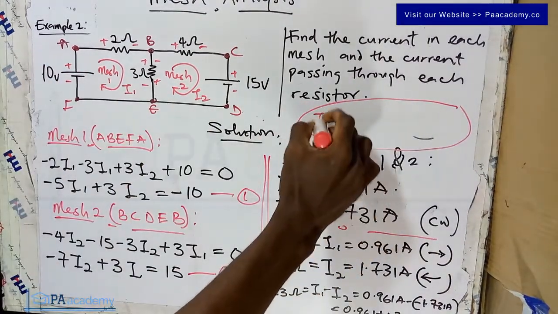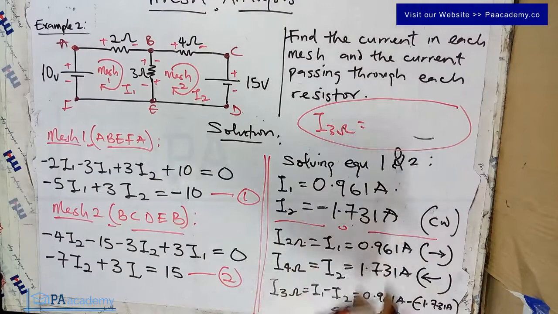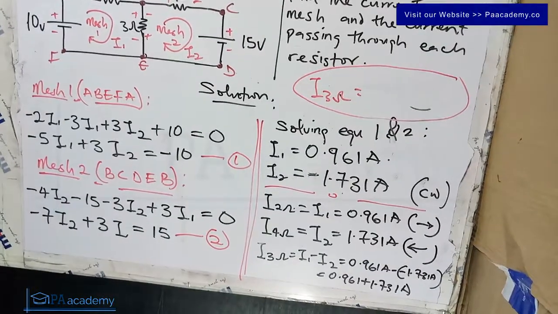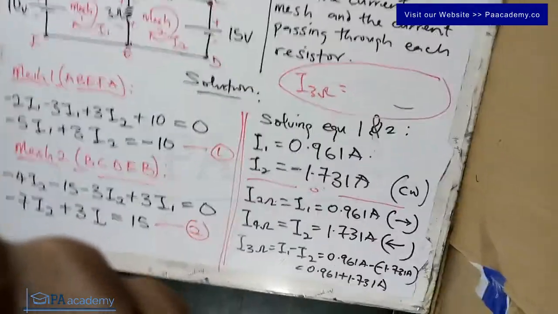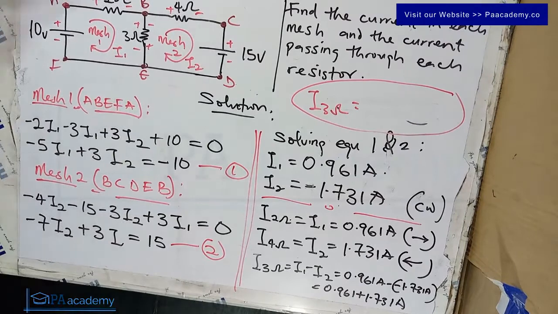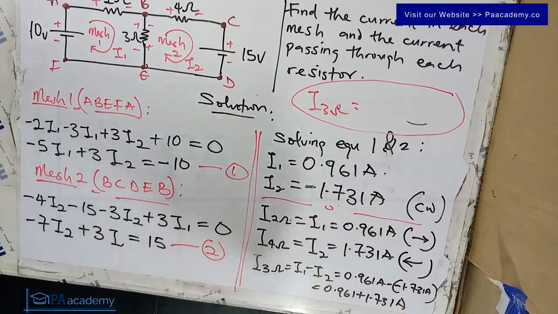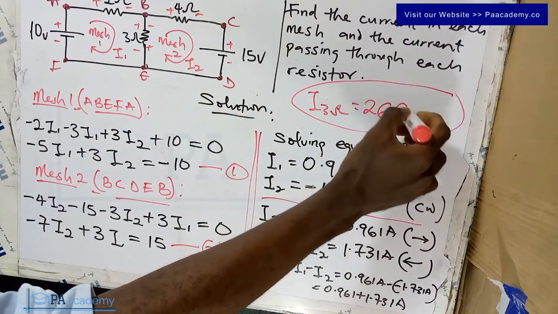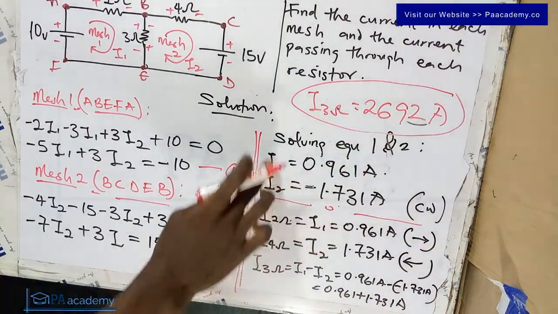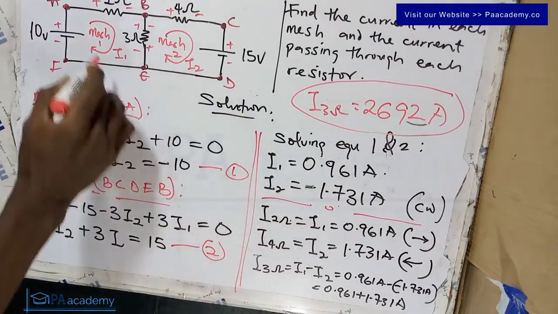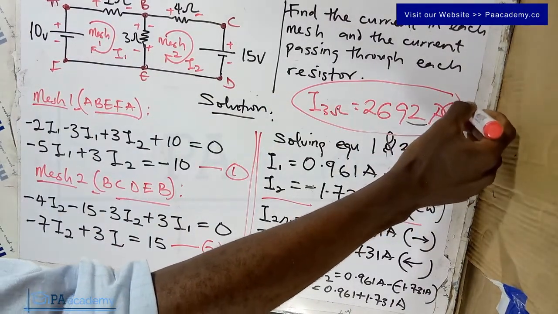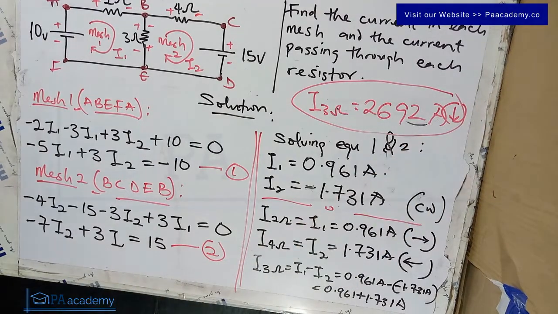So that means our I3, if you add the values together, we are going to have 2.692 amperes. And now the direction, since it's I1 we are considering, is going to be the downward direction.